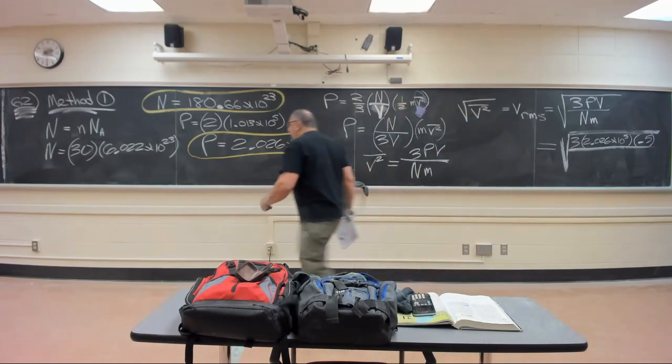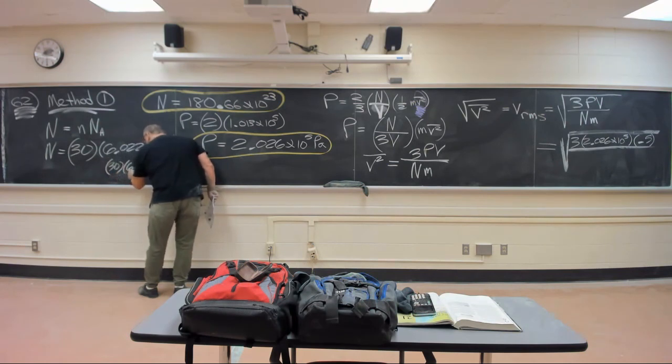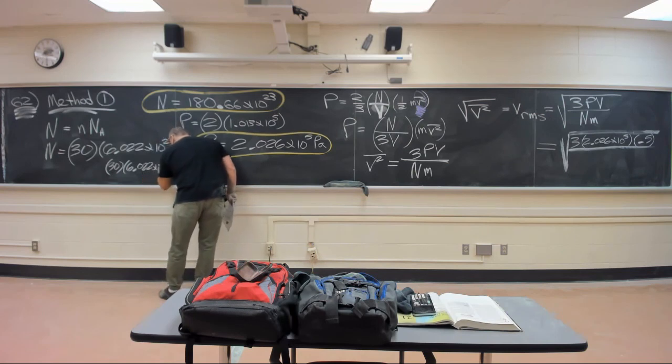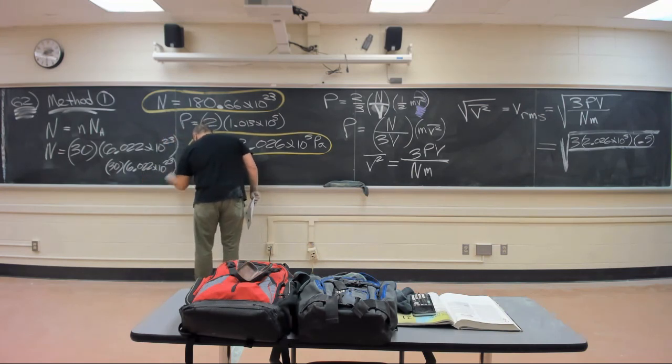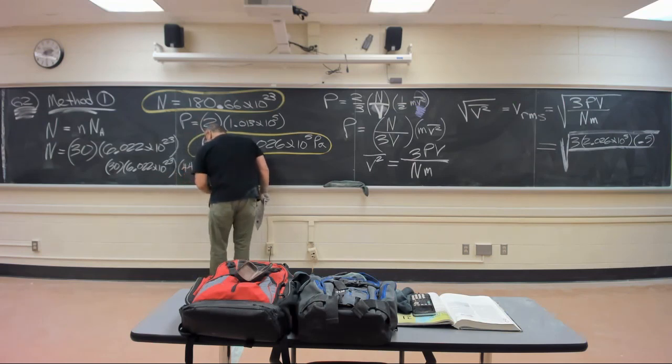You could say, hey, look, there's 30 moles. Each mole has 6.022 times 10 to the 23rd molecules. Each molecule has an atomic mass of 12 plus 16 plus 16: 12 atomic mass units for carbon, 16 atomic mass units for each one of the two oxygens.